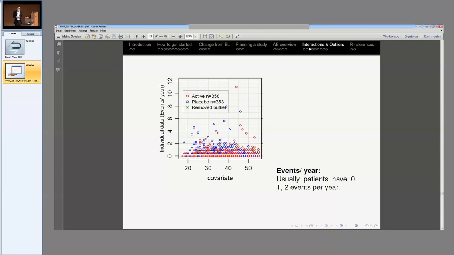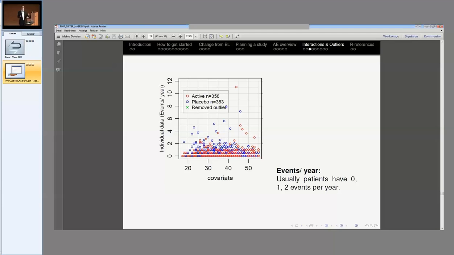So by outliers, no, I should show this first. What they've done is they looked at, for each individual patient, how many events the patient had, and divided that by the time the patient was in the study. And what you know from just common knowledge is that patients usually within a year have 1 or 2 or 0 events.